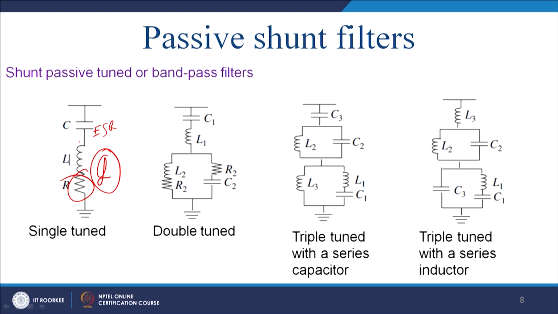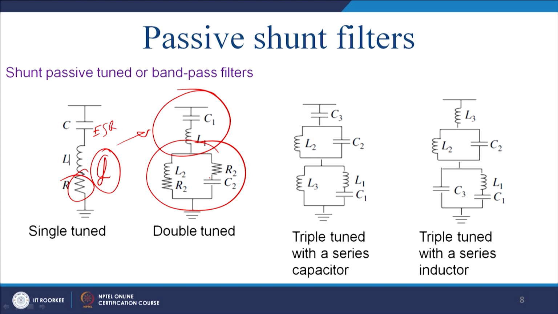Similarly, you can have this one, it is the same as this one, that may eliminate, let us say, the fifth harmonic. Ultimately, you can have a combination of it, that is L and C in parallel.